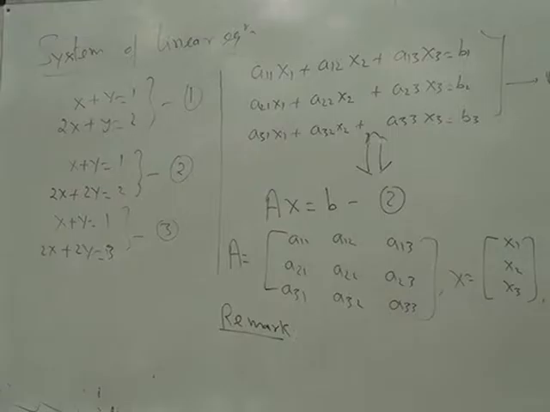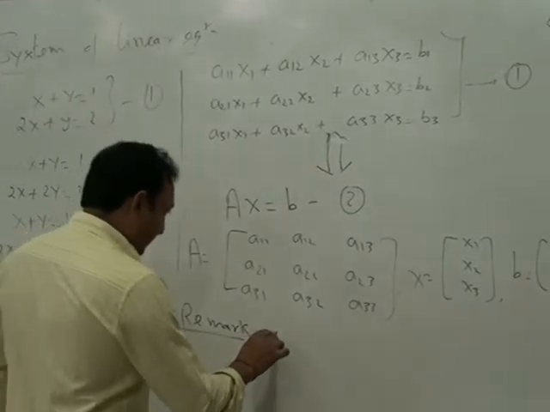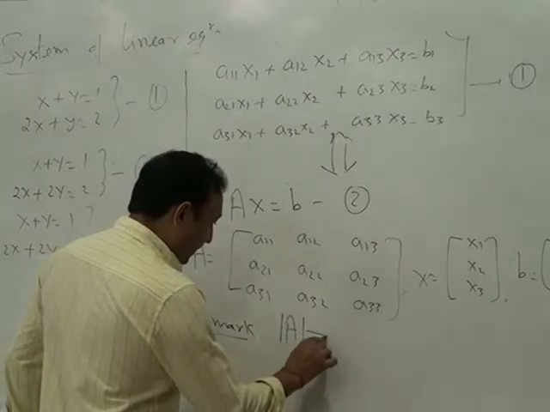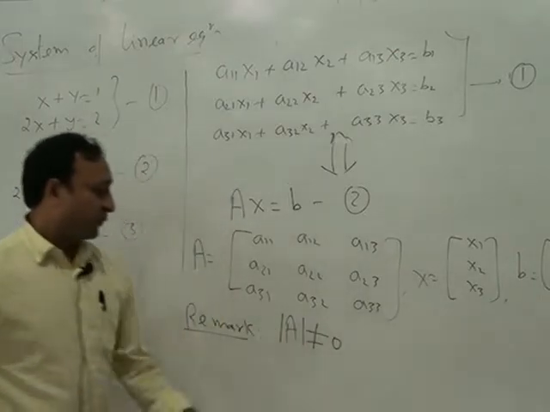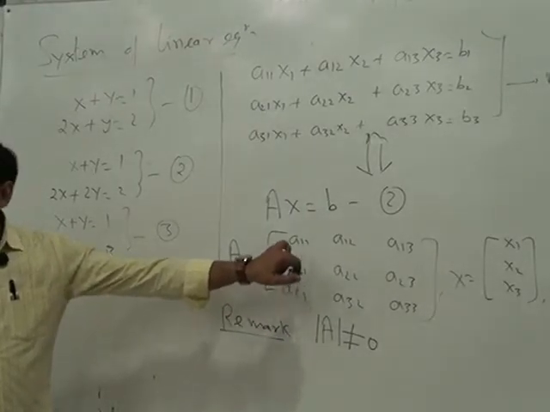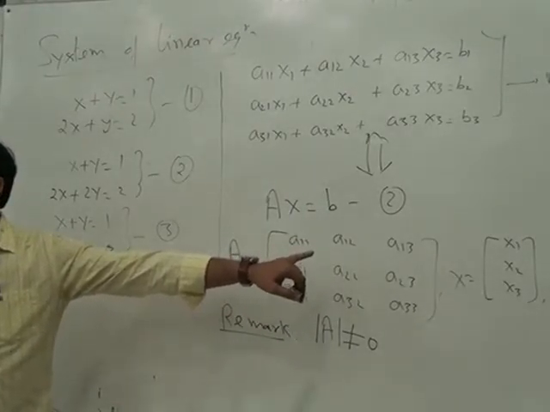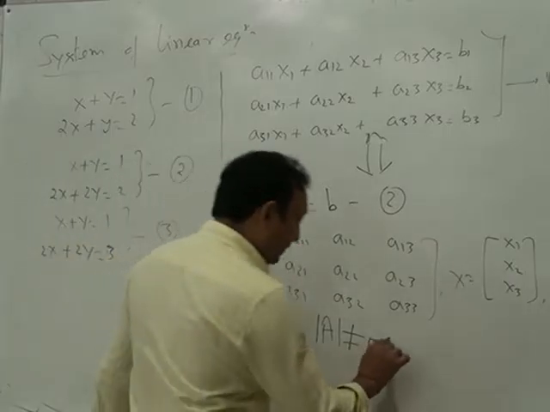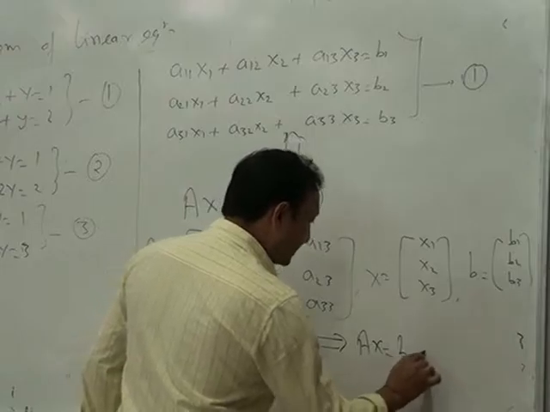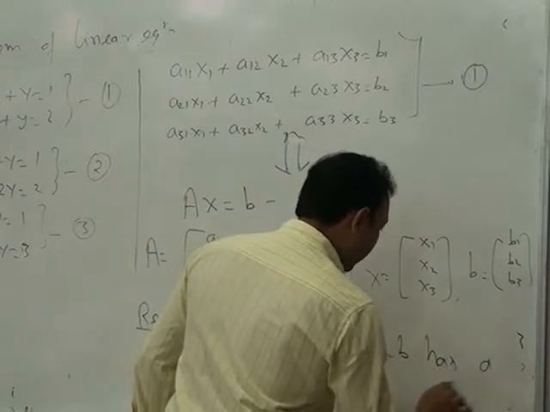Or you know A is a non-singular matrix? If you don't know, it's okay. I am saying, if the determinant of A is not equal to 0, you know how to find the determinant, correct? Then we have the result: Ax equal to b has a unique solution.